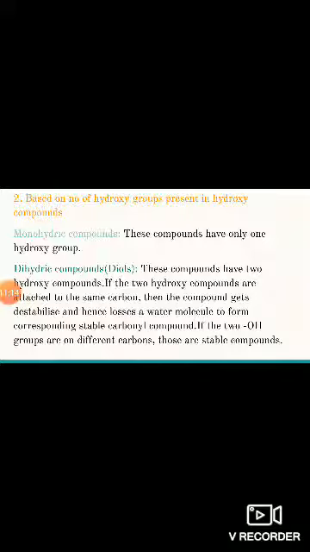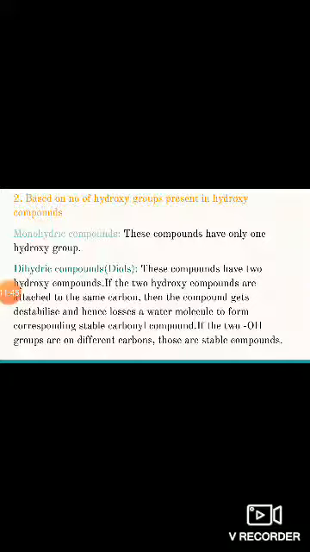The first one is monohydric compounds. Mono means single. Hydric: the hydroxy group, OH group, is also named as hydric group. So monohydric compounds mean the hydroxy compounds which have a single OH group.